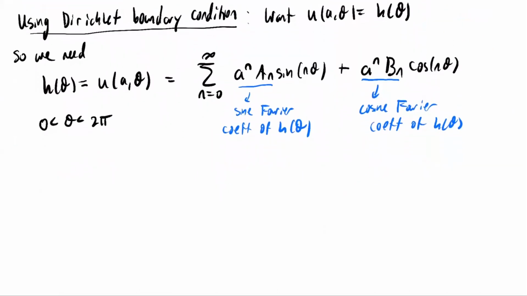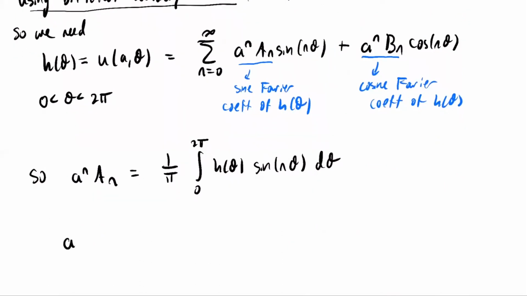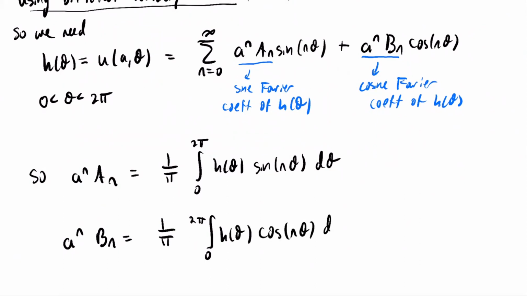So therefore, we need a to the n times capital A of n is equal to 1 over pi times the integral from 0 to 2 pi, h of theta times sine of n theta, d theta. And likewise, a to the n times b sub n is 1 over pi times the integral from 0 to 2 pi, h of theta times cosine of n theta, d theta.